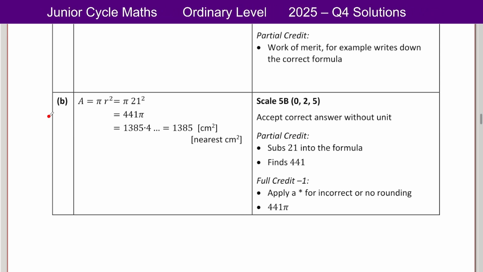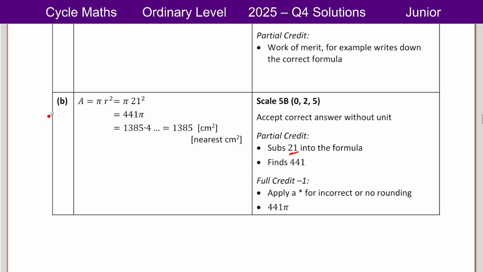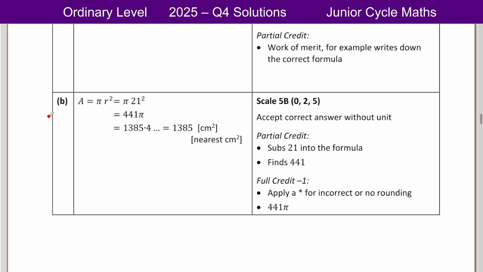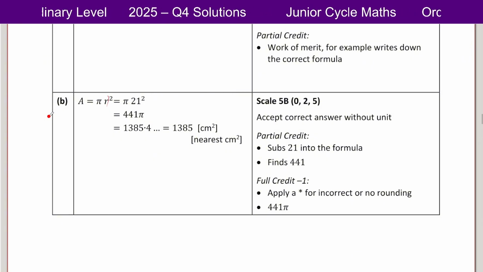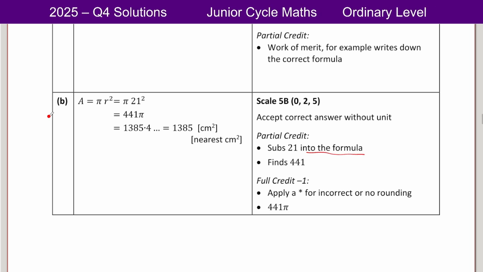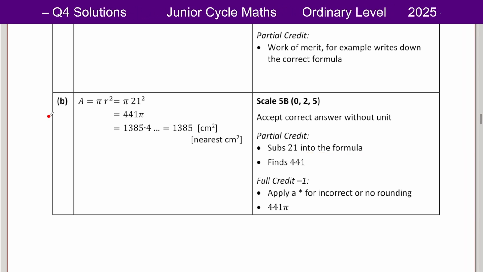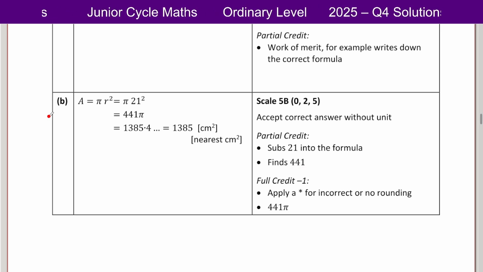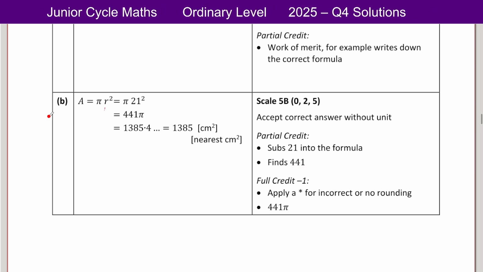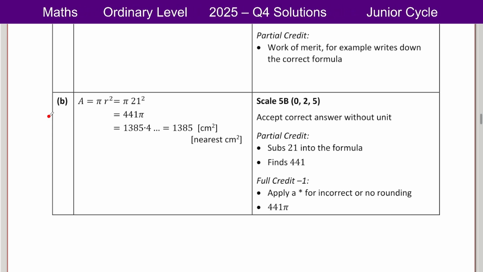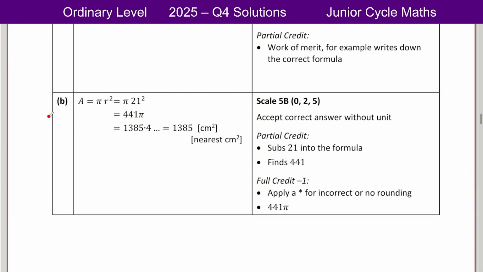So if we just substitute 21, the value of the radius, into the formula. Here, only the radius, we just say the radius is 21, and we substitute into the formula. Or maybe if we just give this value 441, which represents the radius squared.